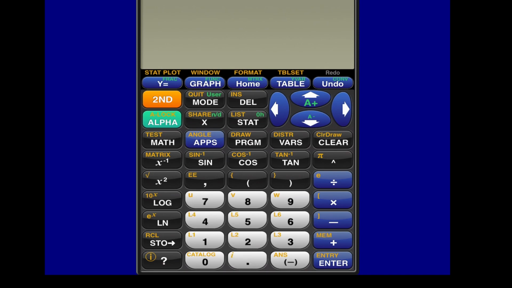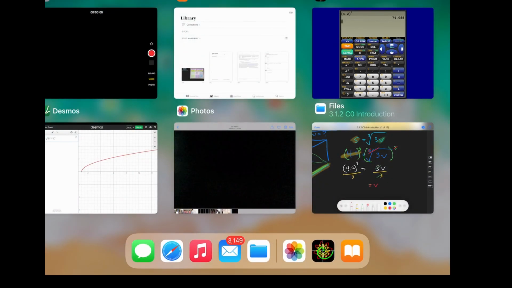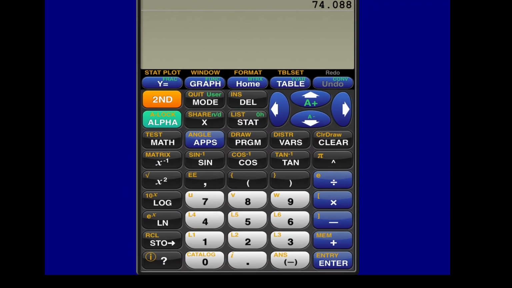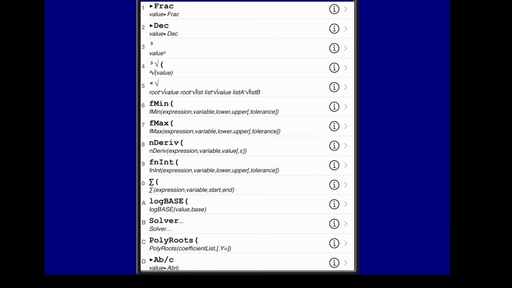So 4.2 caret to the third power. And then we needed to divide that answer by what number? 3. So I don't touch anything, just write divided by 3. So the answer will just come up when you just press division. Enter. And that's bad. It gave me a number. I'd rather have some decimals.